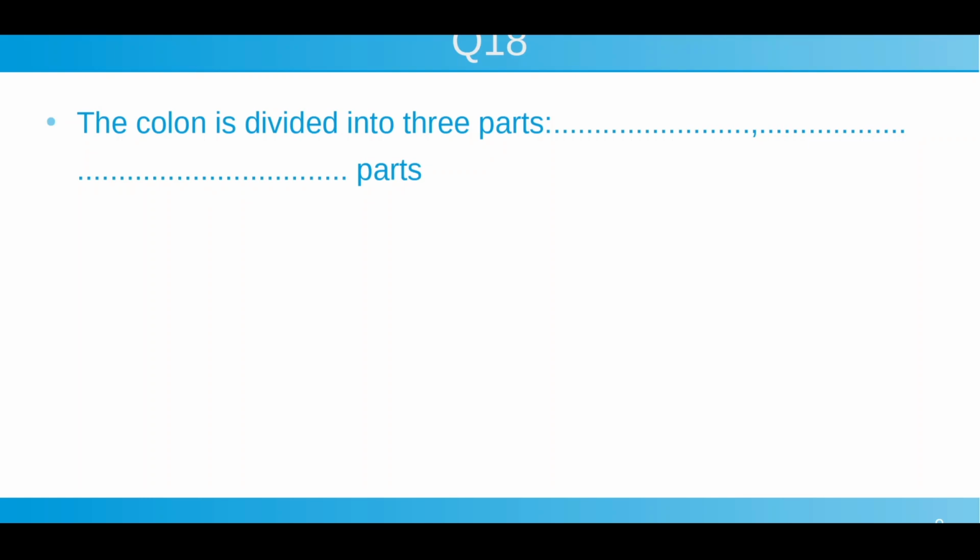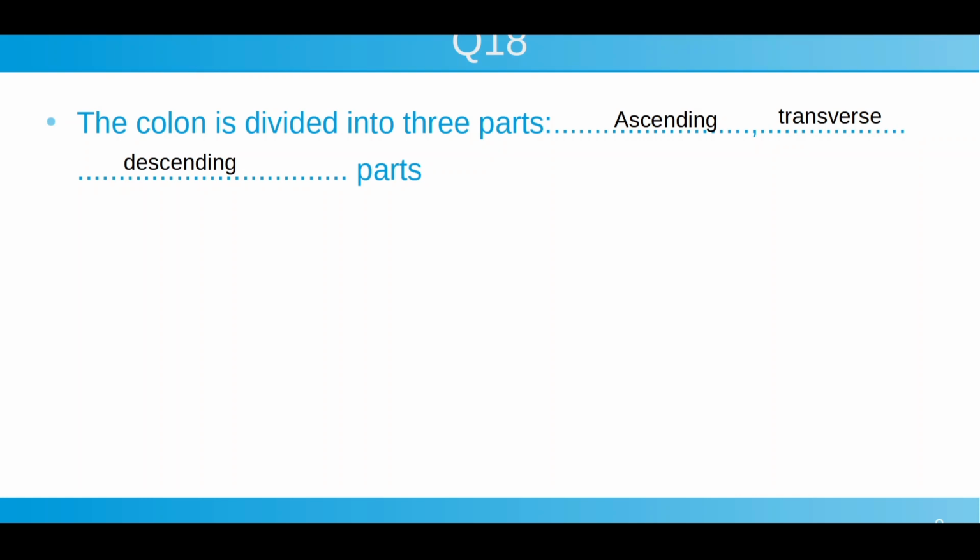The colon is divided into three parts, dash, dash, dash parts. So colon is the last part of the large intestine and it is divided into ascending, transverse and descending parts.